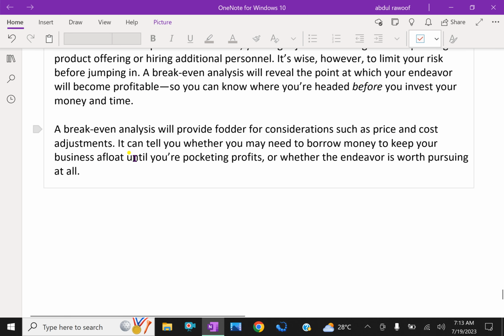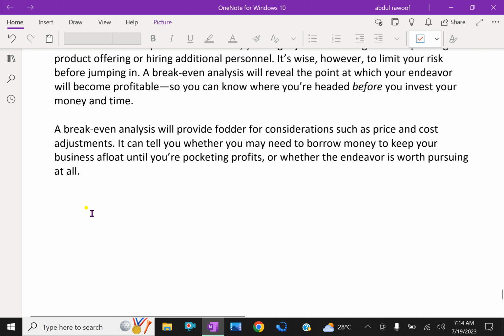The break-even analysis will provide fodder for considerations such as price and cost adjustment. It can tell you whether you may need to borrow money to keep your business afloat until you are pocketing profits, or whether the endeavor is worth pursuing at all.